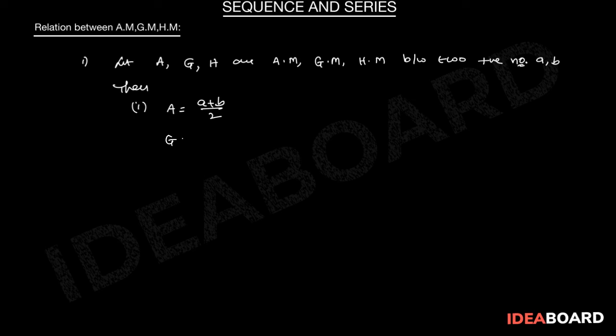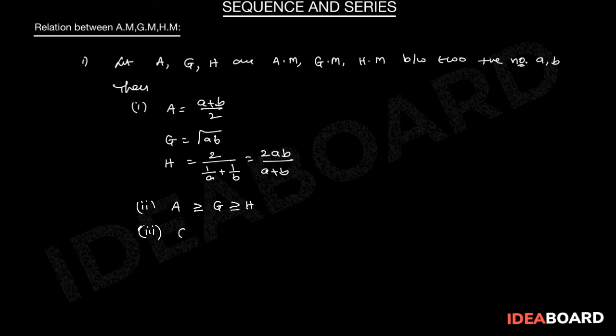G equal to root of ab, geometric mean. Harmonic mean H equal to 2 by 1 by a plus 1 by b that equal to 2ab by a plus b. Second one is arithmetic mean is greater than or equal to geometric mean is greater than or equal to harmonic mean. Third one is G square equal to AH, that is A comma G comma H are in GP.